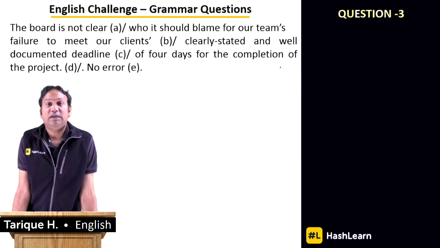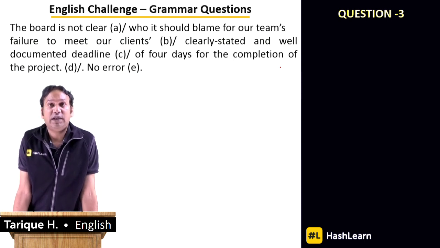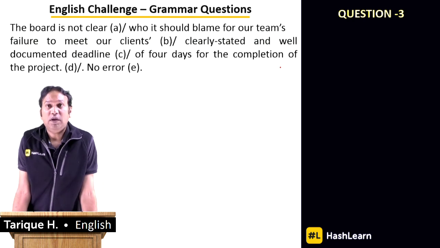So what is the right answer here? It's a lengthy sentence. Read it once again. Use the basic concepts of grammar that you know, and based on that basic concept you have to tell what is the right answer.